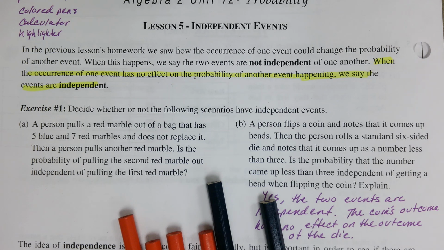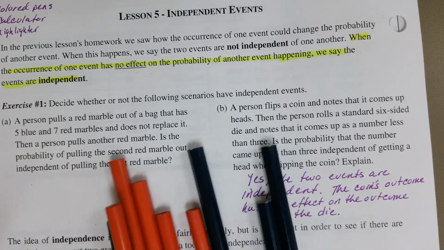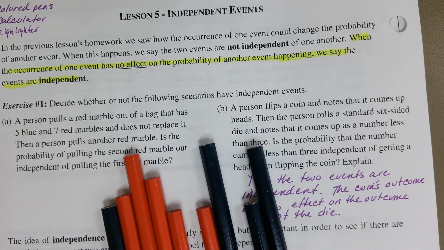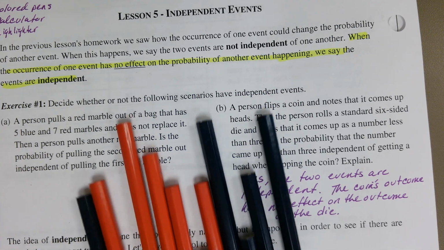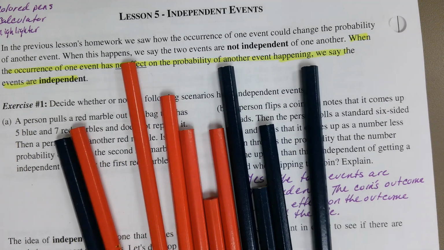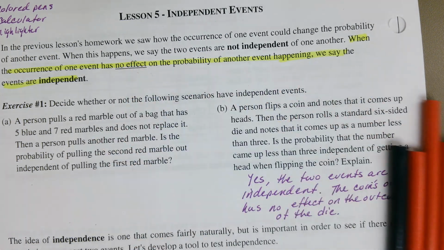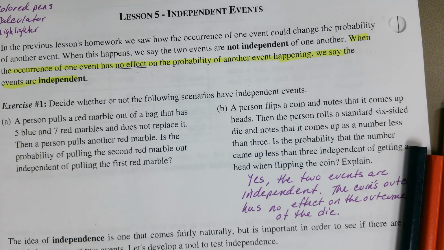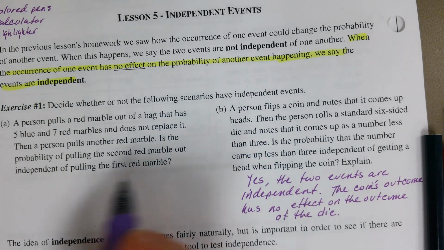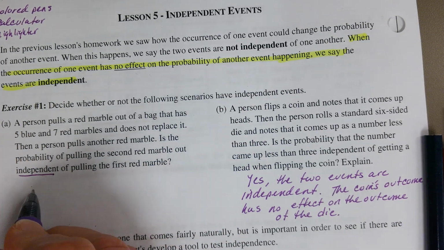Well, pulling the first red, that was 7 out of 12, but then pulling the second red, because that first red hasn't been replaced, has now been reduced to 6 out of 11. So is it independent? No, it is not.